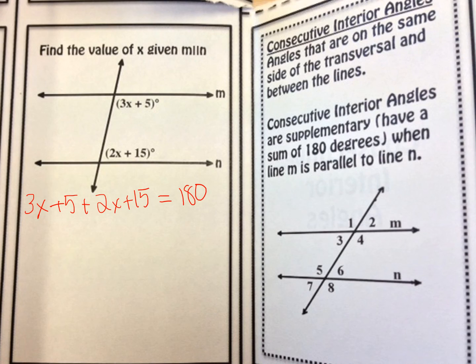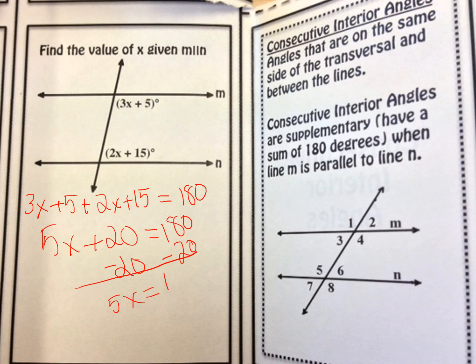So now we just have to combine like terms and solve for x. 3x plus 2x is 5x. 5 plus 15 is another plus 20, equal to 180. Subtract 20 from both sides. We get 5x is equal to 160. Divide by 5. And we get x is equal to 32.